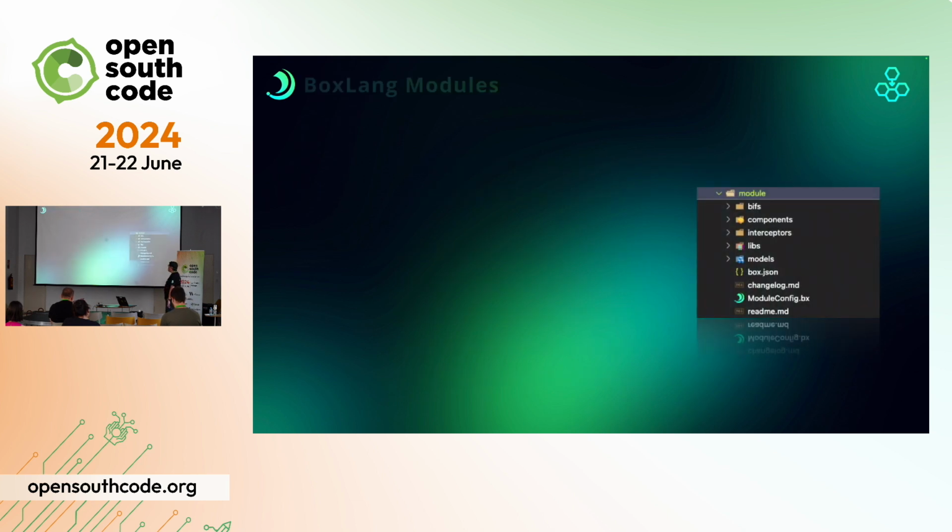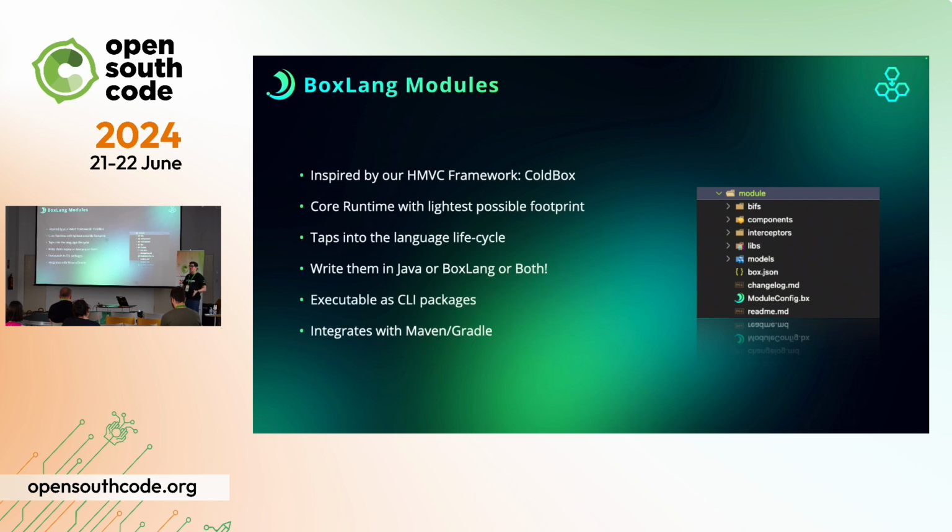And that's where modules, we really wanted to make sure that that's how we extend the language, so the core stays very small. So this is inspired because we've written a lot of frameworks. It gives you the ability to create a module with different collaborations. They can be written in Java or BoxLang or both. Okay? They can be executable from the CLI.